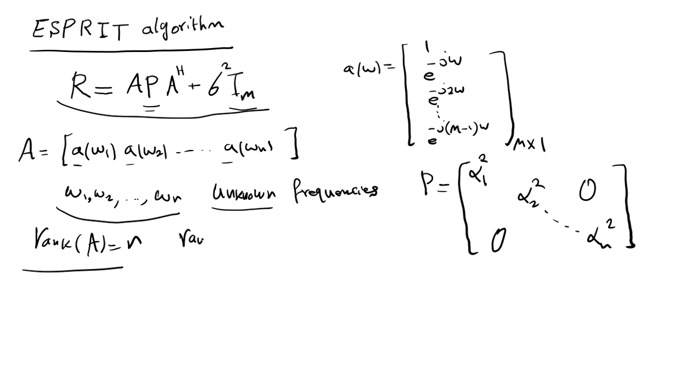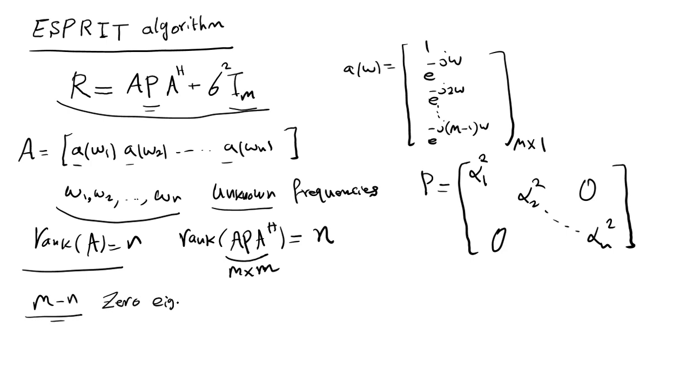So the rank of A P A Hermitian equals n, but the dimension of A P A Hermitian is M by M. So actually there are M minus n zero eigenvalues in A P A Hermitian.